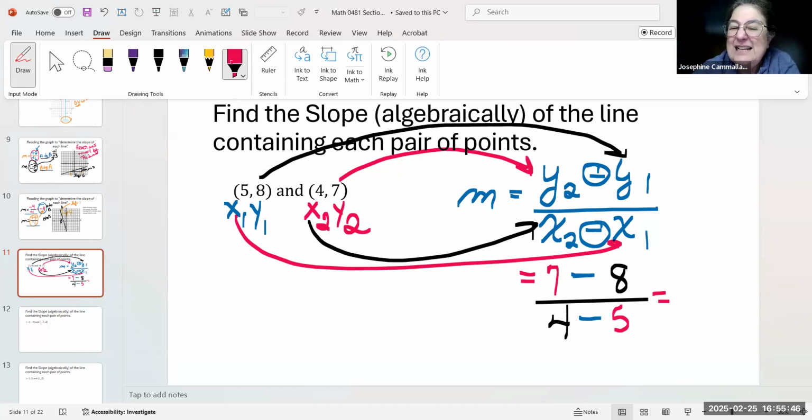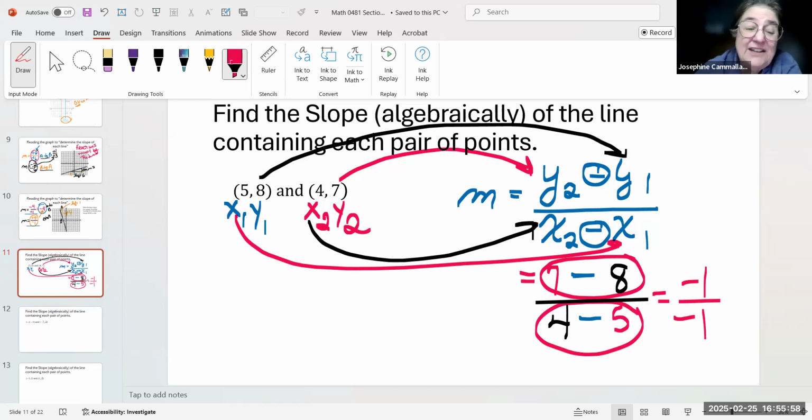Okay. 7 minus 8 is -1. 4 minus 5 is -1. Negative divided by negative means my slope is a positive 1.